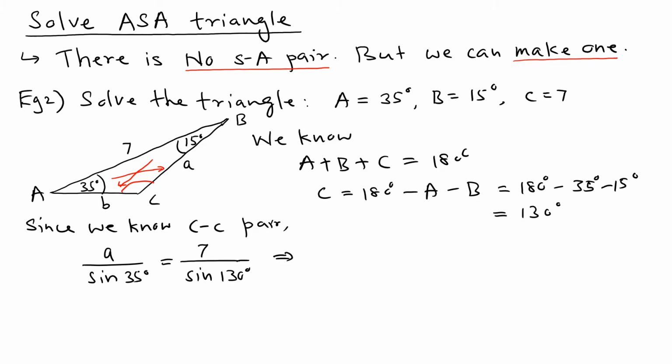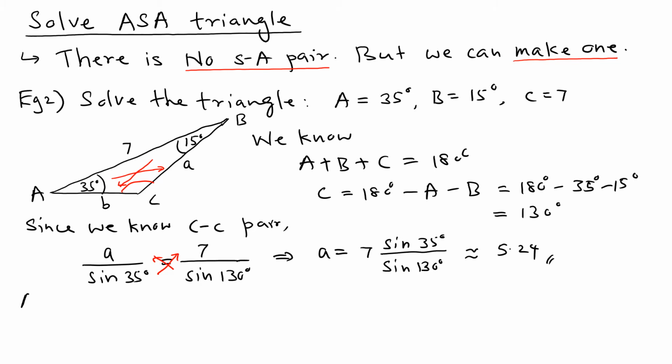This gives you A equals 7 times sine 35 divided by sine 130, by cross multiplying. This is the exact value, but if you use a calculator, you get 5.24 up to 2 decimal places.